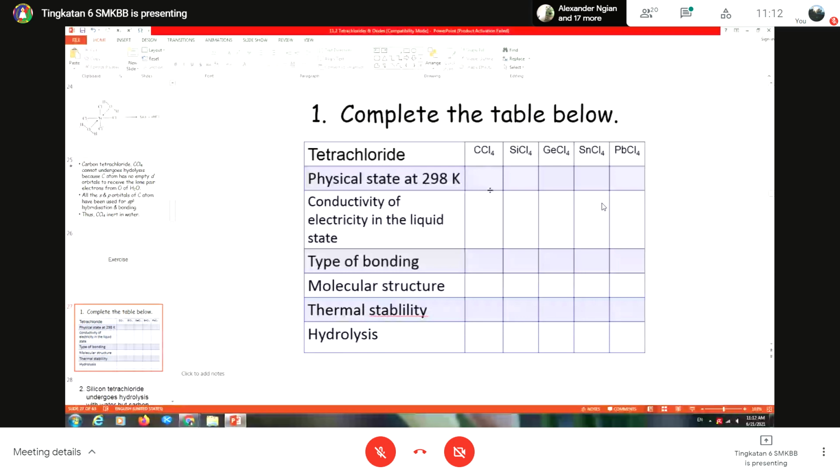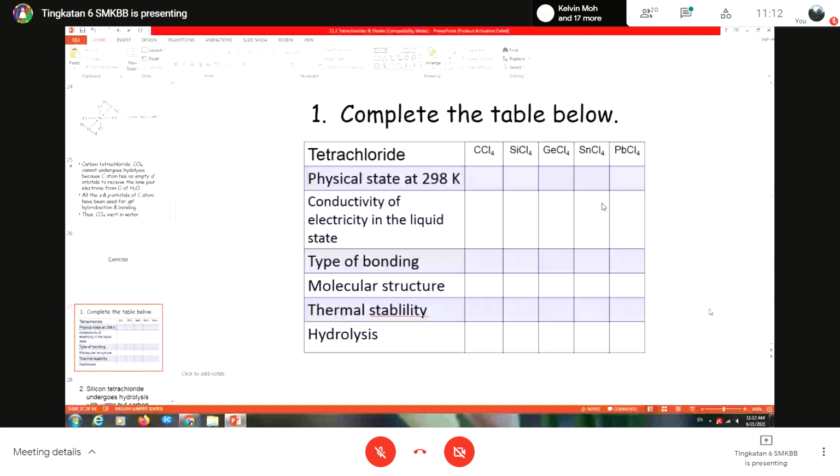Now, all of you need to answer for the whole row, okay? Any specific answer for which one? Let me know. So, liquid for CCl4. The others? Alex, only one? CCl4?